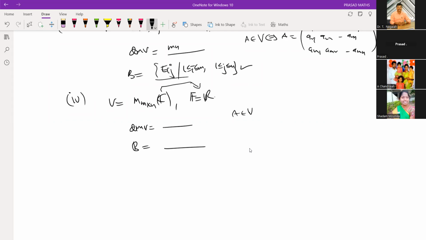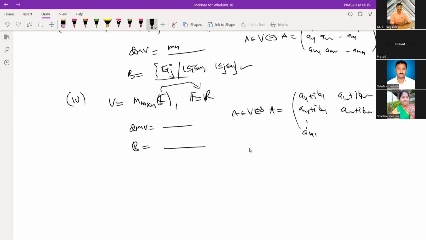Suppose you start with a matrix in V, which is of the form with complex entries: a11 plus i b11, a12 plus i b12, up to a1n plus i b1n; next a21 plus i b21, a22 plus i b22, going on to a2n plus i b2n; next am1 plus i bm1, am2 plus i bm2, going on to amn plus i bmn.